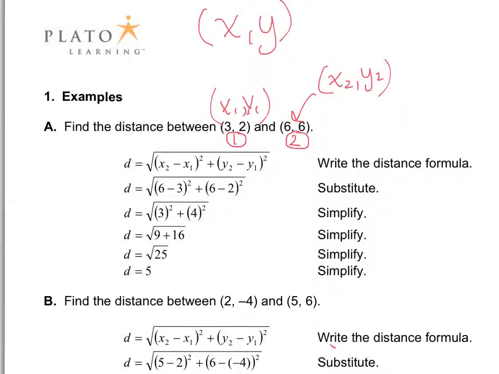After labeling these, we can note that x1 is equal to 3. I got that from right here. We have y1 is equal to 2 from the second part of the first coordinate. Then we have x2 is equal to 6 from that second coordinate, and then y2 will also be 6.